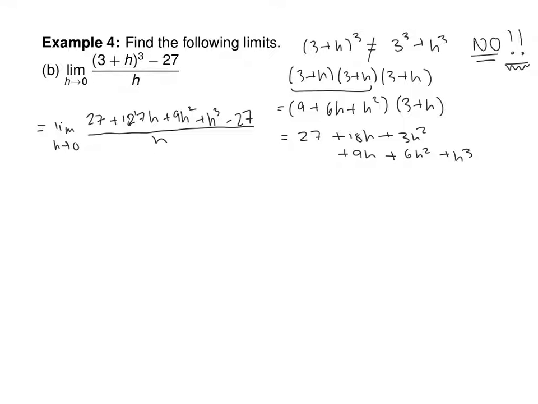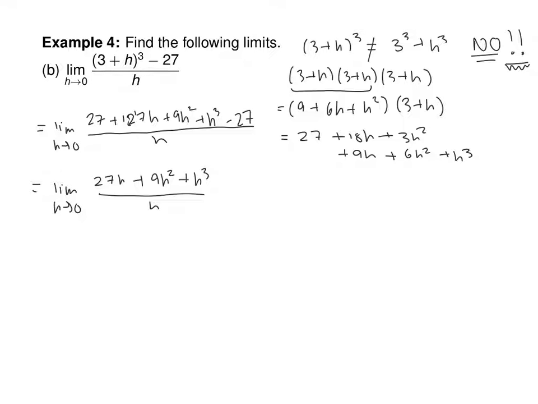So all I did was plug in what 3 plus h cubed was, right? And now what cancels first? 27s, okay. The limit as h goes to 0 of 27h plus 9h squared plus h cubed. And to do that division by h, you have to have every single term have an h. See what I mean by that? Like everybody has to have h as a factor. So now can you divide by h?